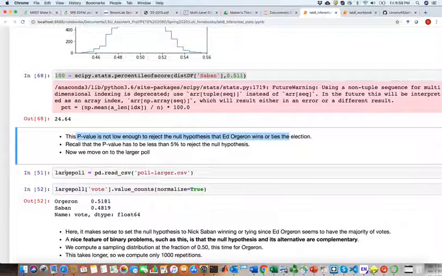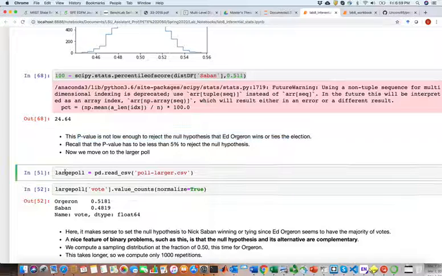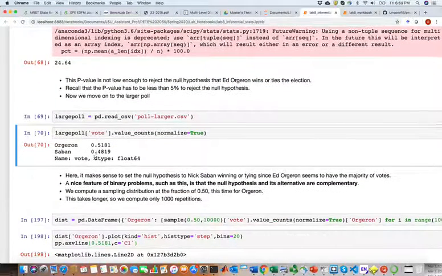So what if we do the same thing on the larger poll? So run the larger poll, we load the data set. It's the one that has 10,000 votes in it. And the result indicates Ed Orgeron has a 51.8% chance of winning.